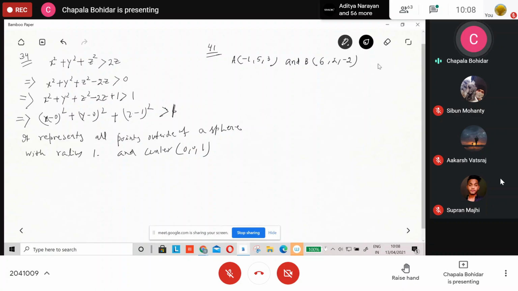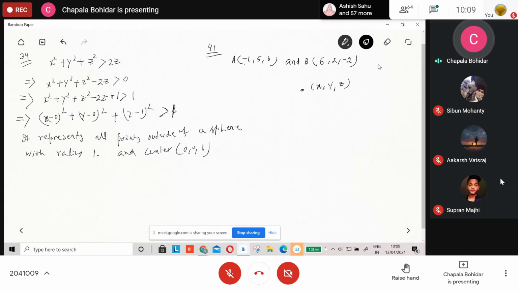What is the question asking? Find an equation of the set of all points equidistant from the points A and B. Let it be a point, say X, Y, Z. We don't know the value.